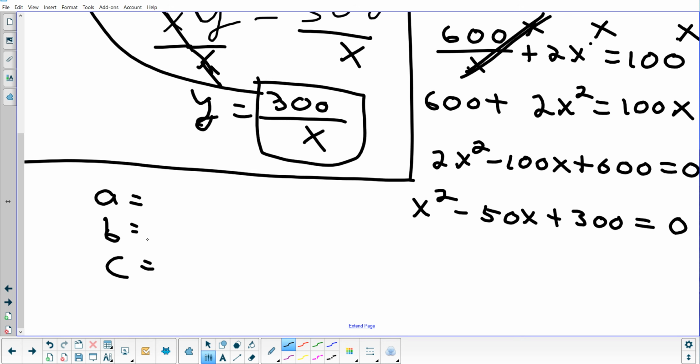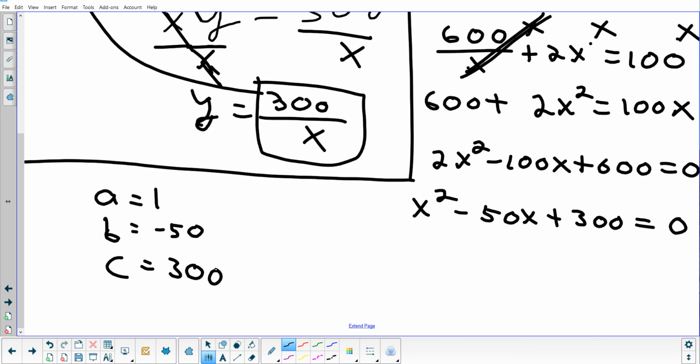Tyler? It's the number in front of the x squared. The number in front of the highest power in a quadratic. So in this case, it's 1. How about b? Negative 50. That's always the number that's in front of the x. And c? 300. Good.